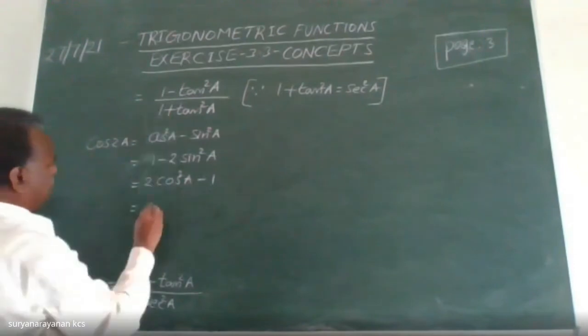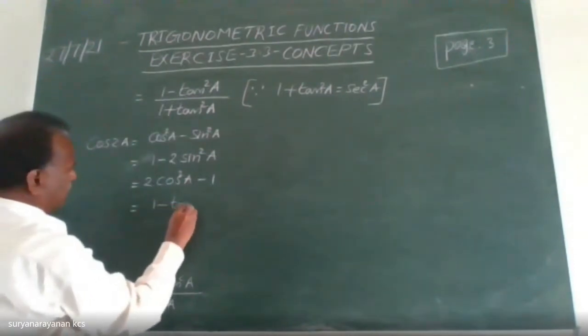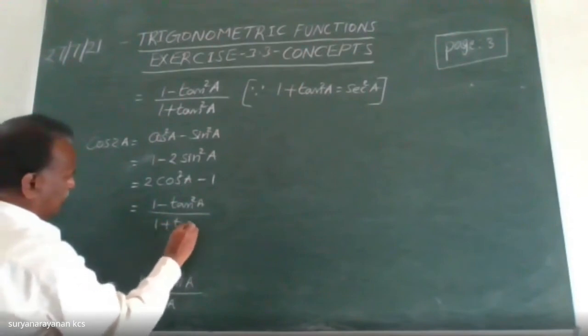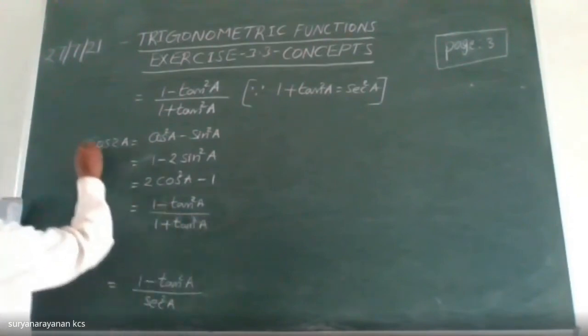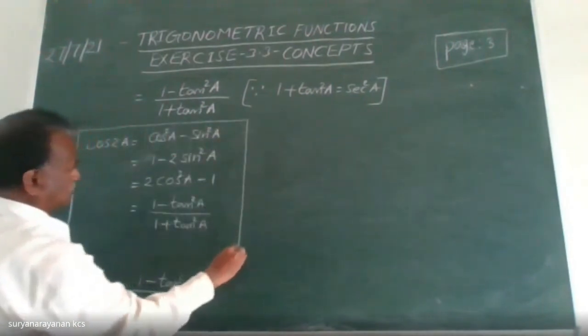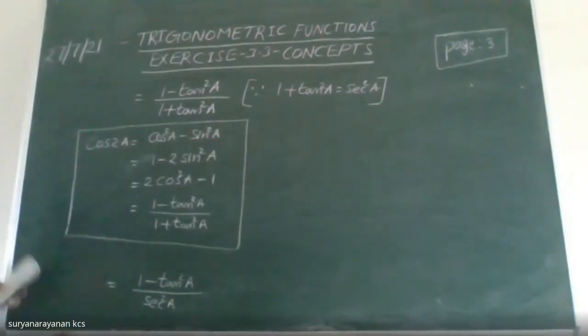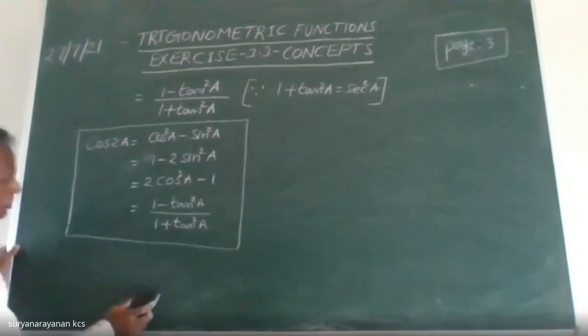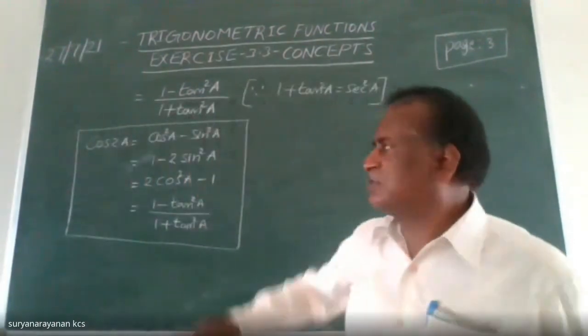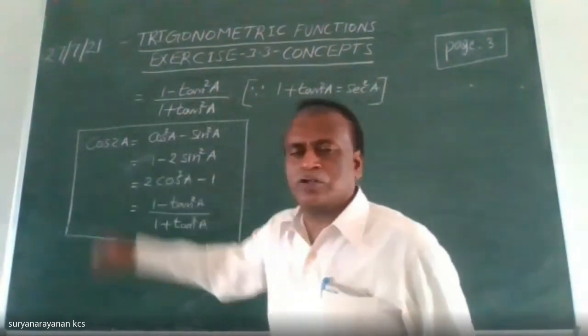And cos 2a is equal to 1 minus tan square A by 1 plus tan square A. So you have to memorize these four formulae for cos 2a.